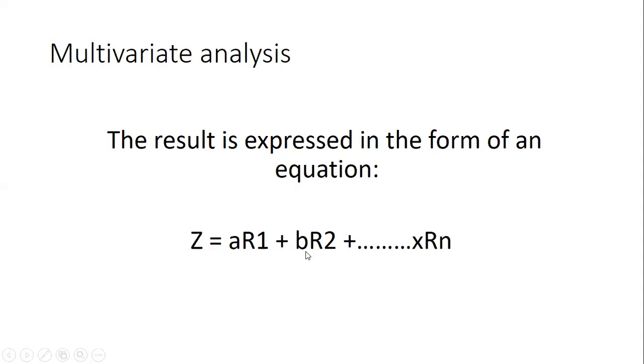Then A, B, and X are the weights the various researchers have attached to the R1, which are the particular ratios. So R1 could be return on capital, R2 could be quick ratio, RN could be net profit margin ratio. So the R's are different ratios.